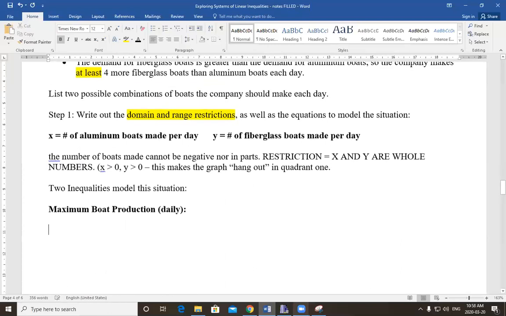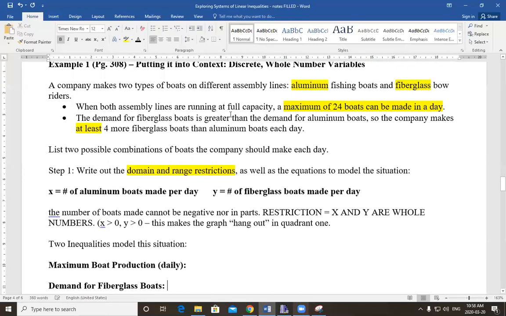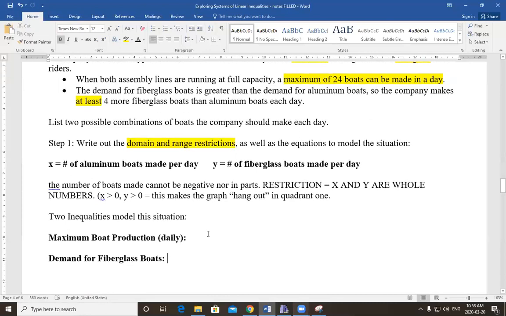The second one would be the demand for fiberglass boats. So essentially what we're going to do is build inequality number 1 for the maximum boat production and build inequality 2 for the demand for fiberglass boats, which will then give us a system of inequalities, which of course we can plug into Desmos and get our answer there.